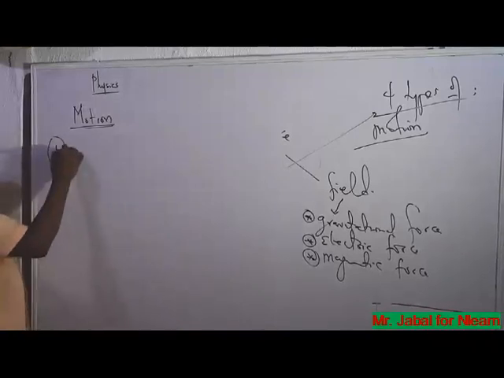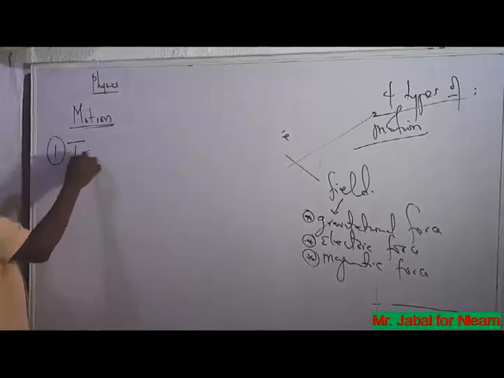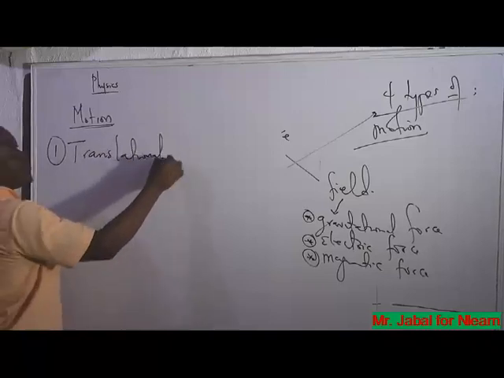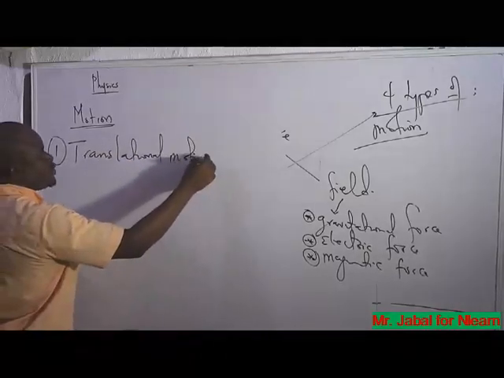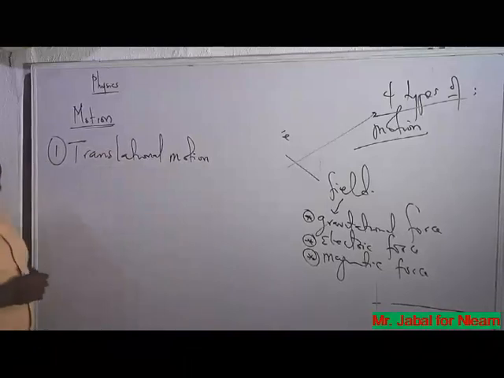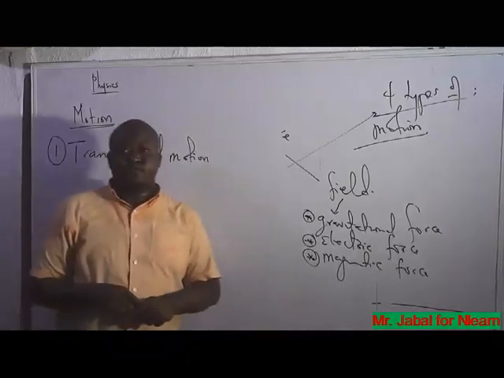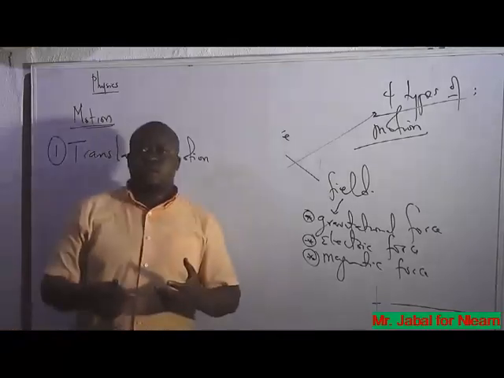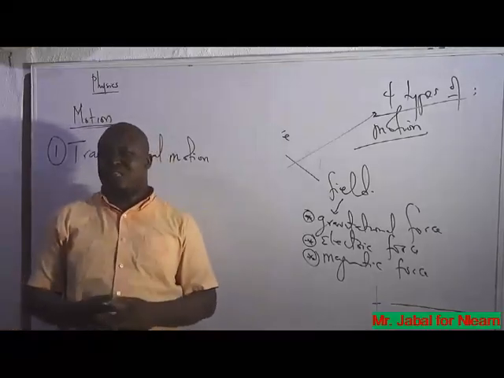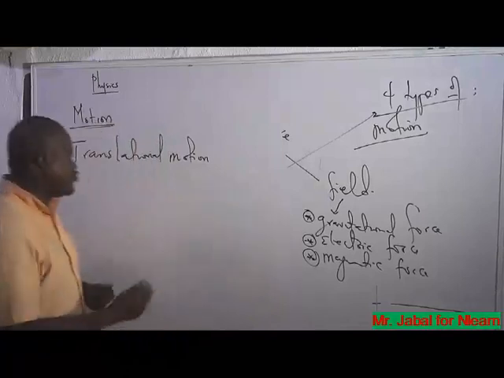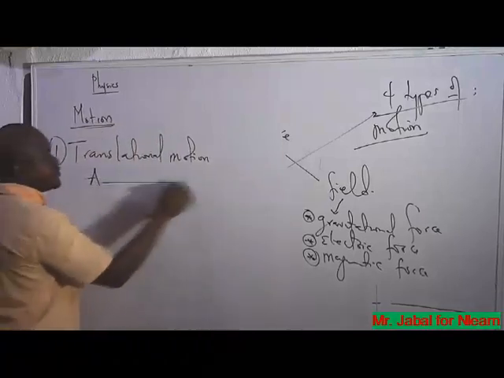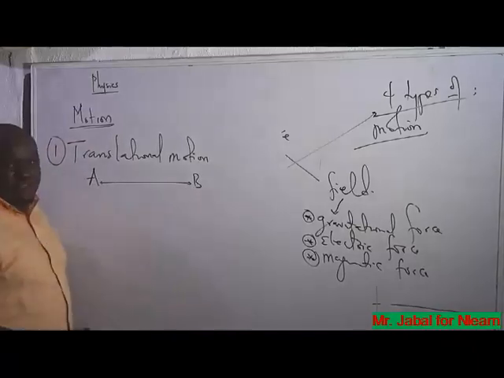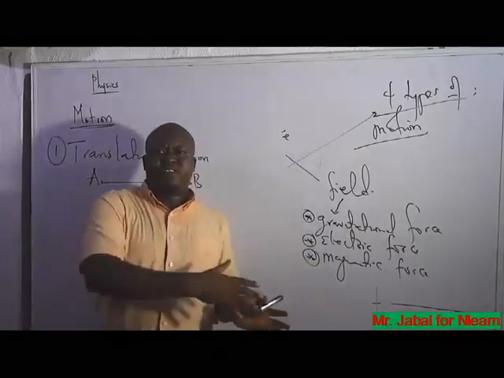So the first type of motion again is translational motion, with respect to the type of forces that produce the motion. Now, translational motion is simple. When we say translational motion, we mean a body that just moves from point A to point B. That is translational motion. A body moves from point A to point B.